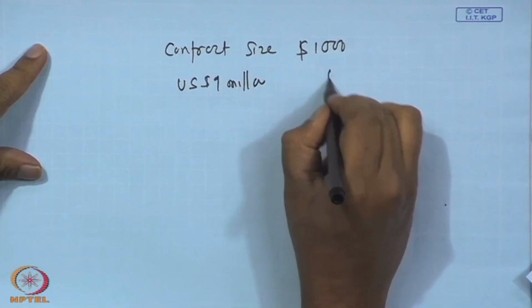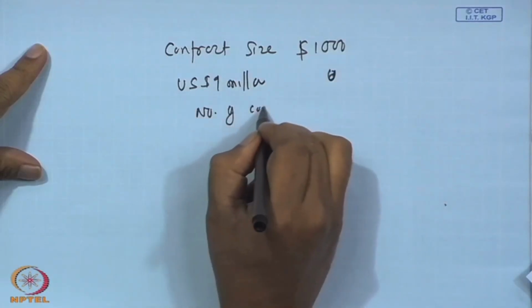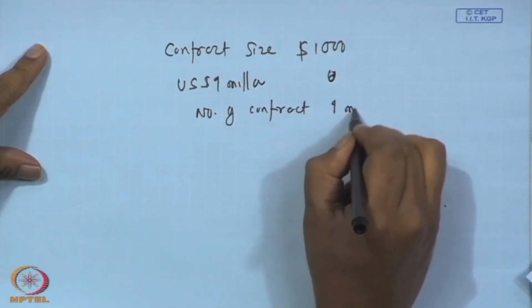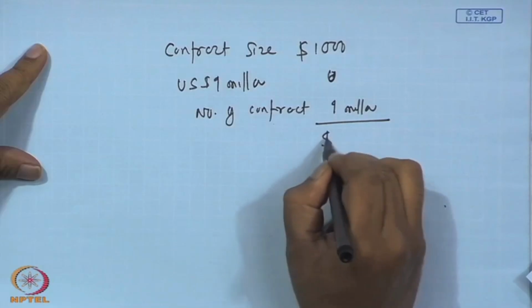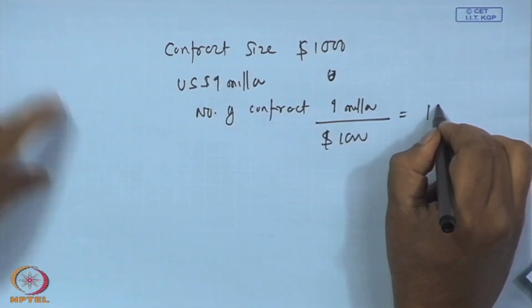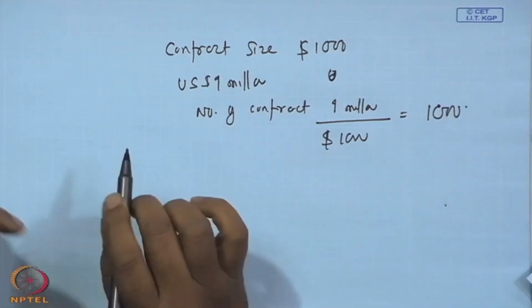So the number of contracts will be 1 million divided by $1000. He needs how many contracts? 1000 contracts. So 1000 contracts he needs.